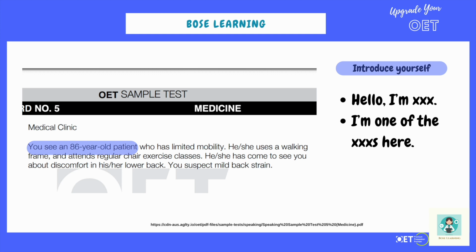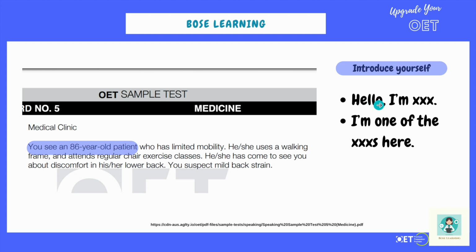So if we remember, one of the indicators of good relationship building is being able to introduce yourself correctly. How can you do that? In this case, remember, it's an 86-year-old patient. So they probably don't know you. So you are very much in your rights. It's very natural to introduce yourself.